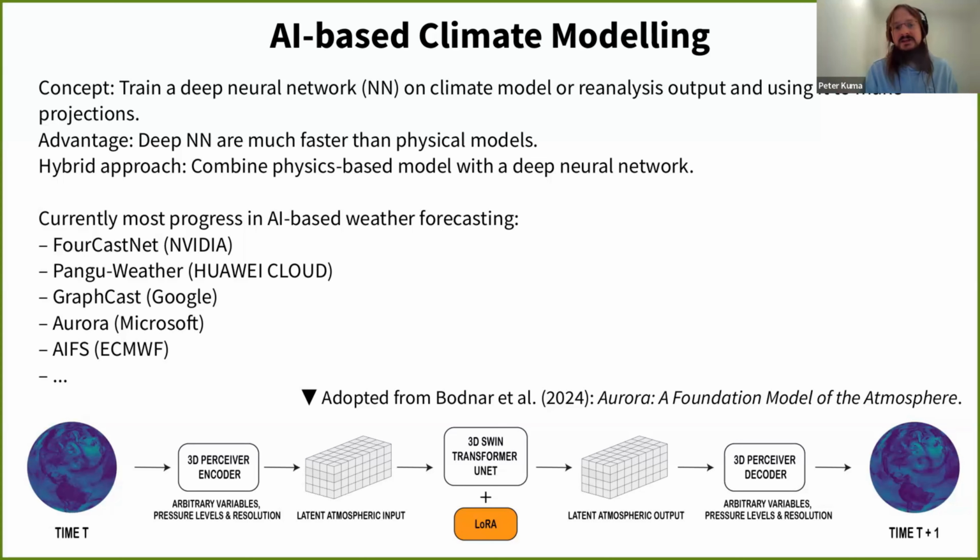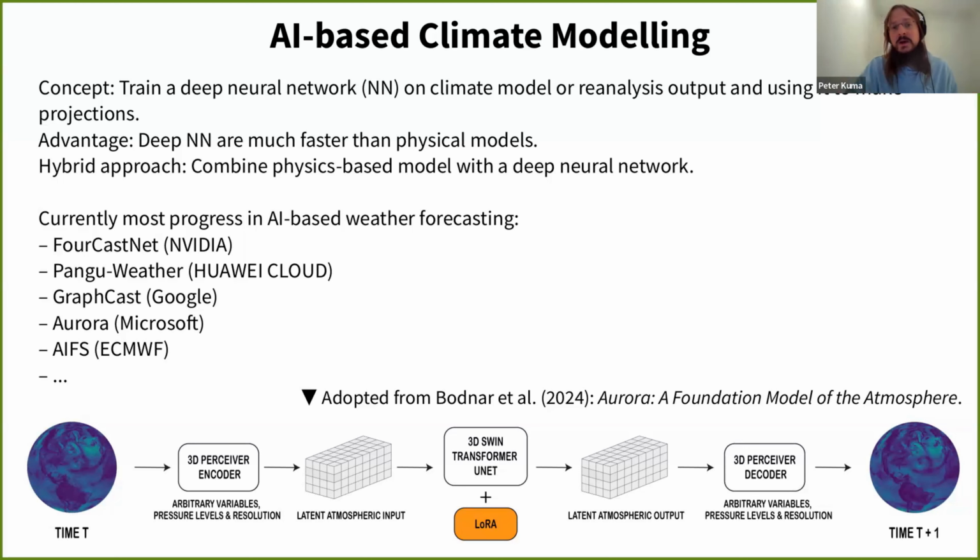But the advantage is they can do it much faster. Climate models are relatively slow because there are many equations that need to be calculated, whereas neural networks are quite performance efficient, maybe even 100 times more efficient than a normal climate model. So that's a huge advantage.